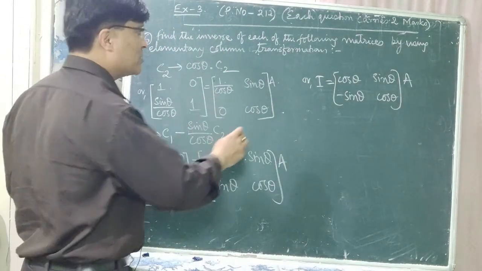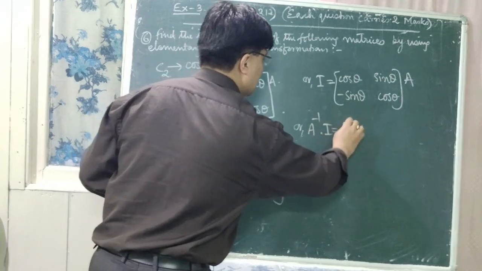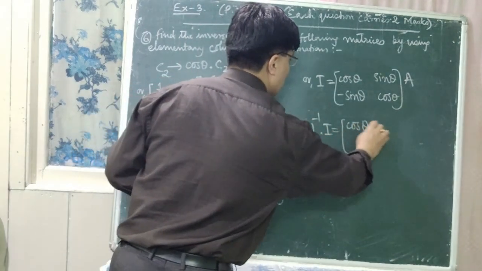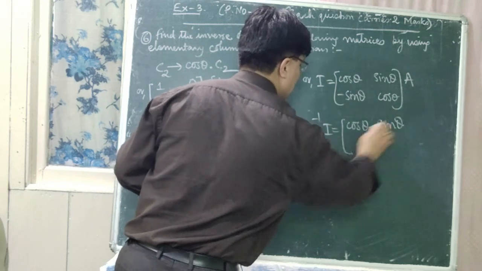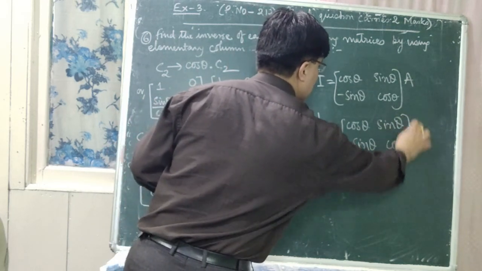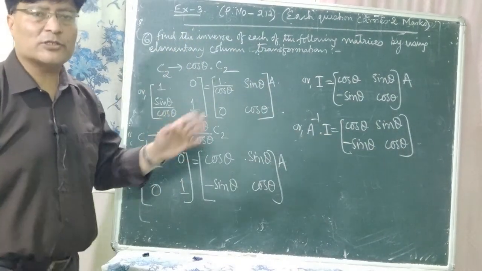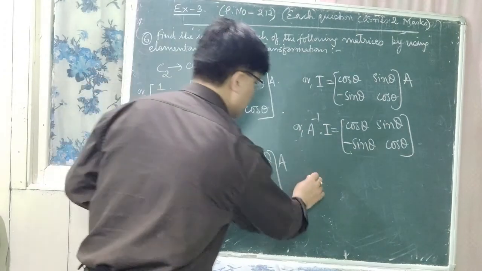Now A, take it to the left hand side. So what does it become? A inverse dot I is equal to, this is your cos theta, sine theta, minus sine theta, then this is your cos theta. Okay? So what is A inverse dot I? That is your A inverse.